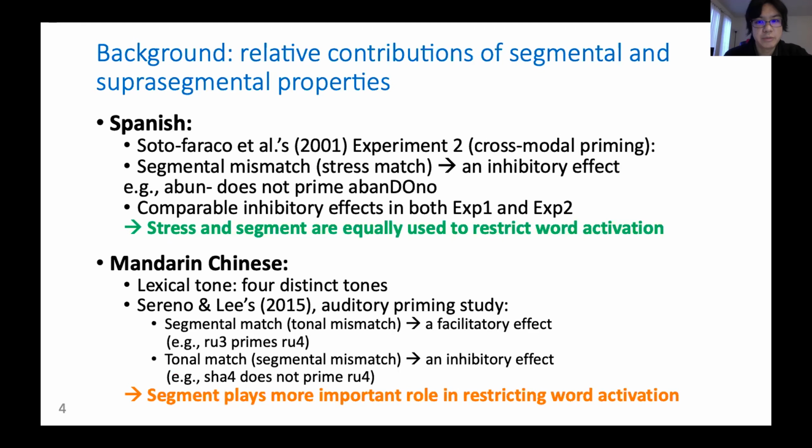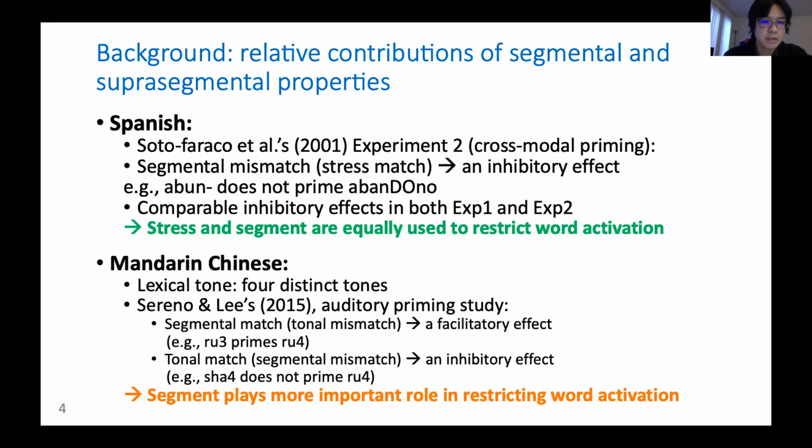And this means that stress is used to restrict word activation in Spanish. Recently, relative contributions of segmental and suprasegmental properties have been explored in several different languages. First, experiment 2 of the same Spanish study revealed that when primes and targets are matched in terms of stress location, but mismatched segmentally, notice this is the opposite of experiment 1, they also observed an inhibitory effect.